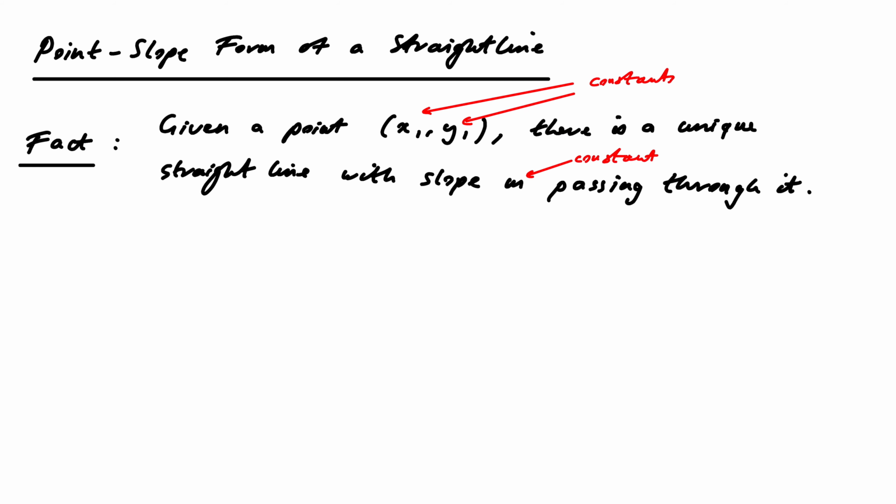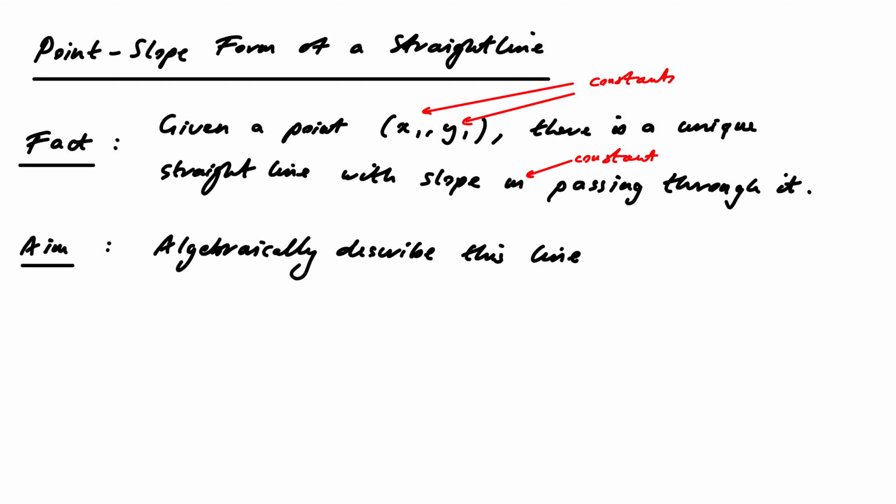So we need to algebraically describe this. The aim: algebraically describe the line. So come up with some equation or some function which gives it. So I think we should draw a picture. So observations.